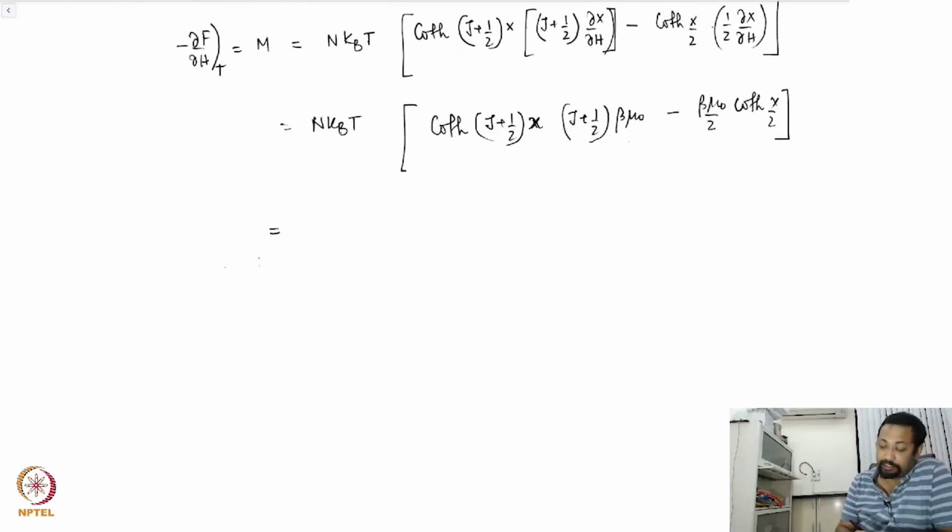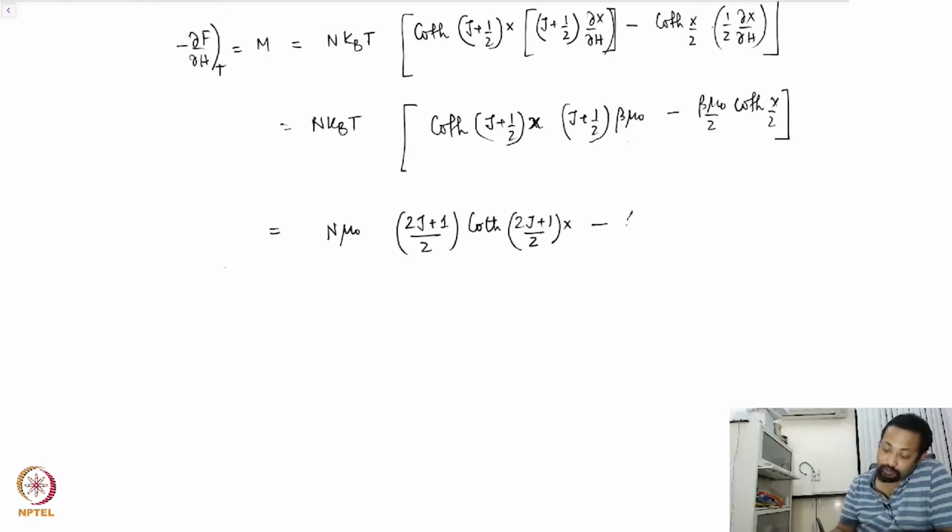Let's take the beta mu naught outside so that I have n times mu naught times j plus 1 by 2 coth of (2j plus 1) by 2 times x, minus 1 by 2 coth of x by 2.